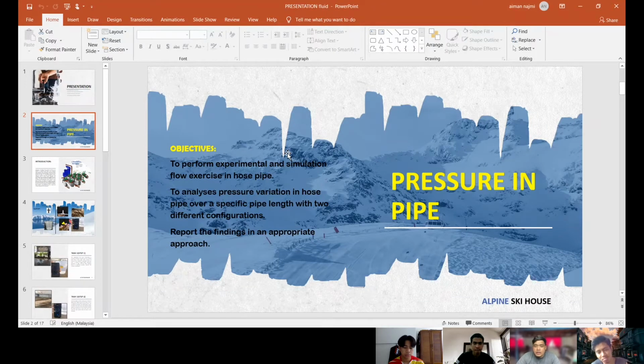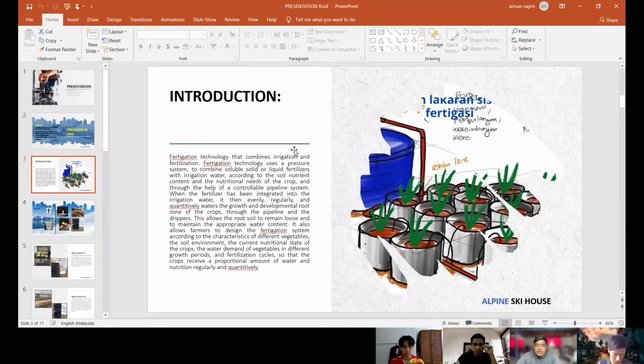So for the introduction, we know that pipe pressure impact is domestically used in fertigation. What is fertigation? Fertigation is technology that combines irrigation and fertilization. Fertigation technology uses a pressure system of water. So when the fertilizer has been integrated into the irrigation water, it then eventually, regularly and quantitatively waters the growth and develop root zone of the crop through the pipeline and the dripper.